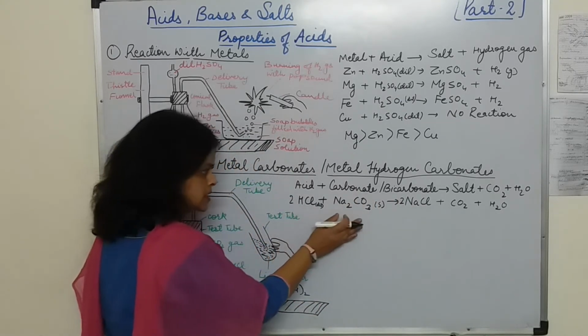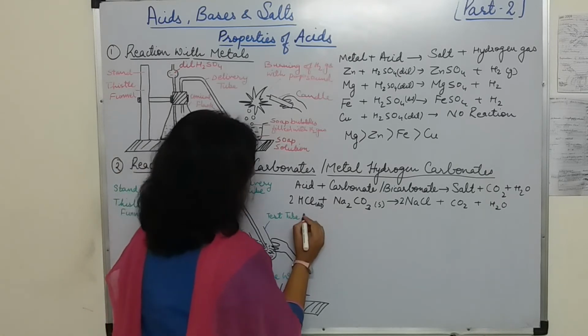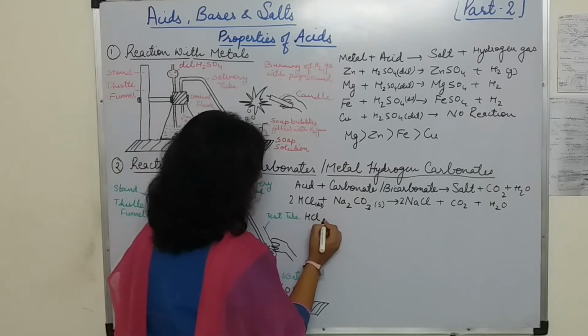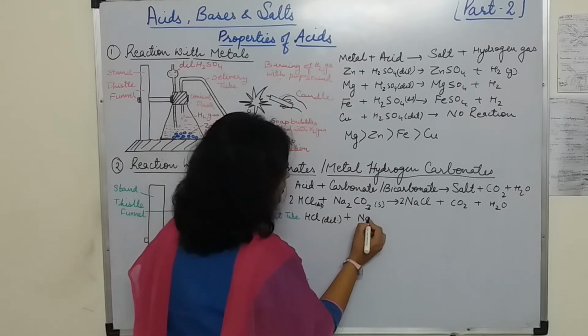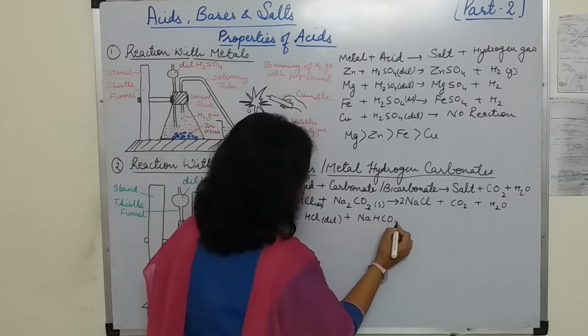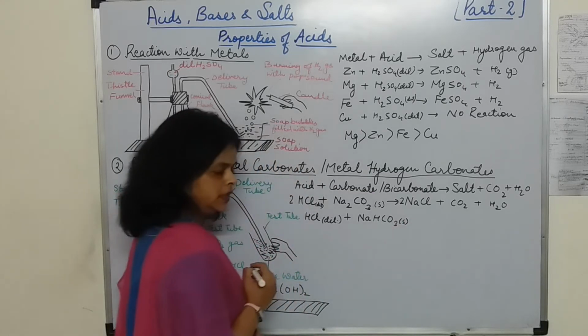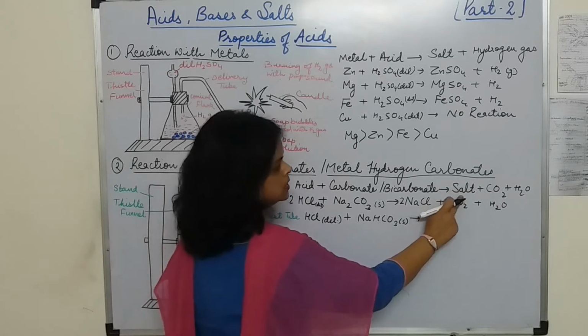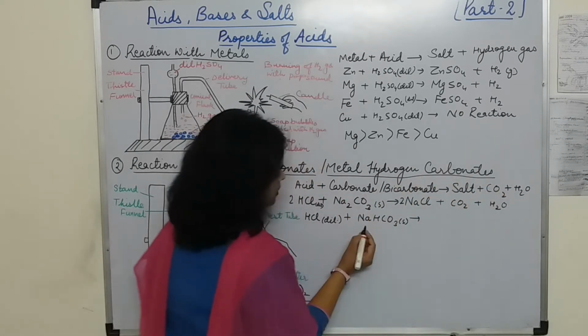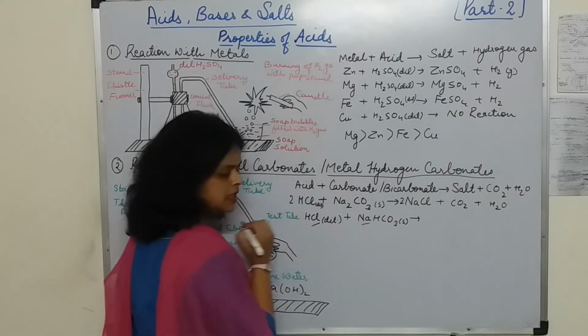Now, instead of carbonates, if you are taking bicarbonate, the formula of bicarbonate is NaHCO3, again in the form of solid. It combines with HCl to form the same salt, carbon dioxide and water. We will take the Na part here and the Cl part here.